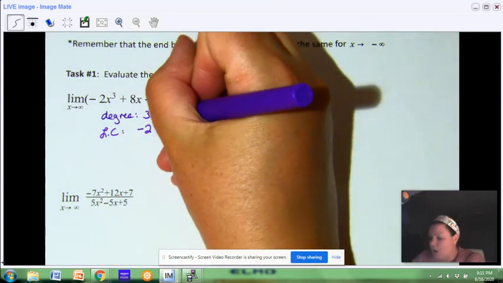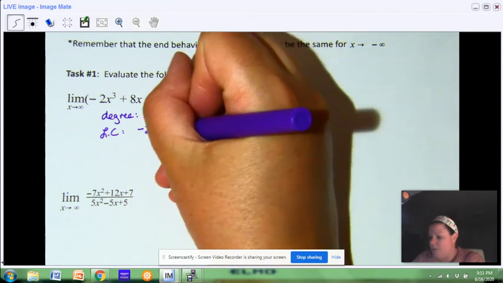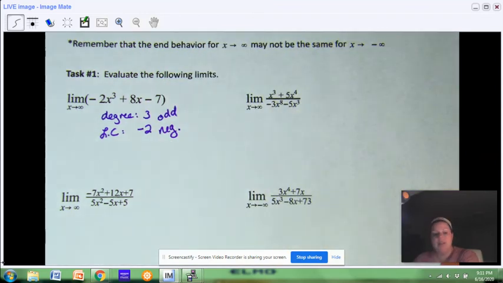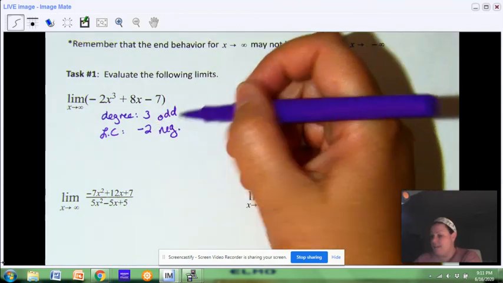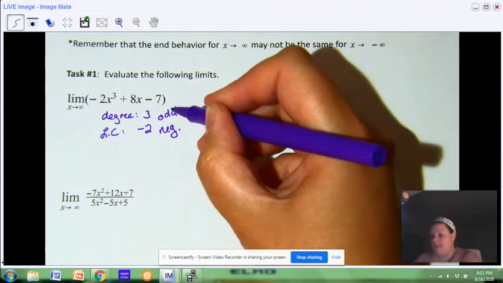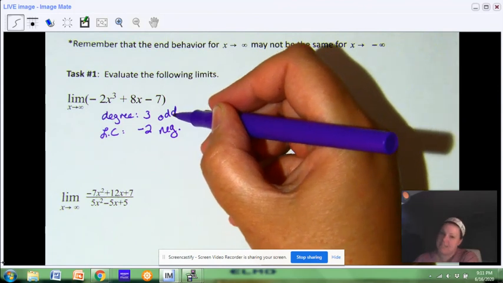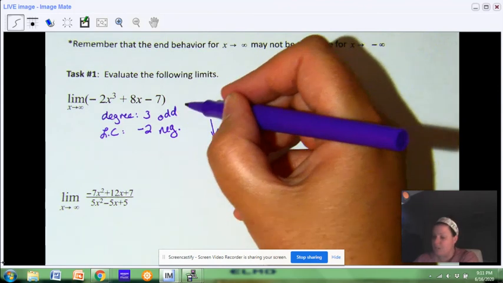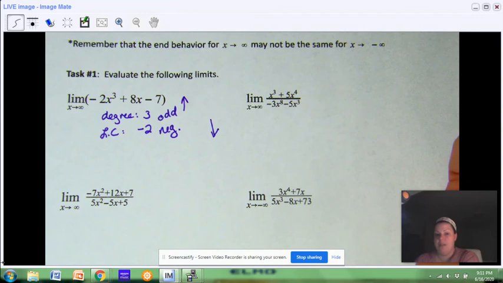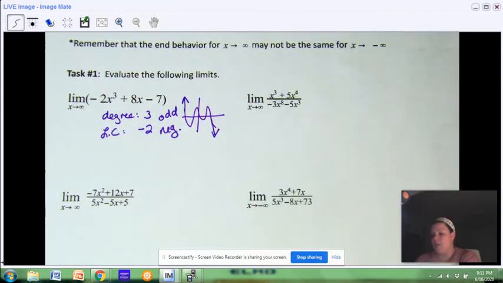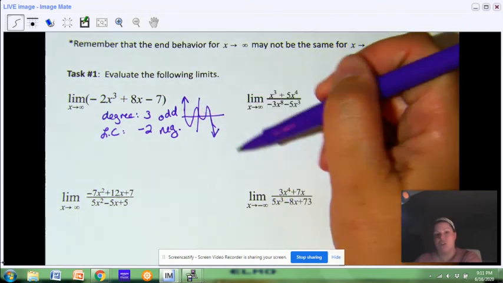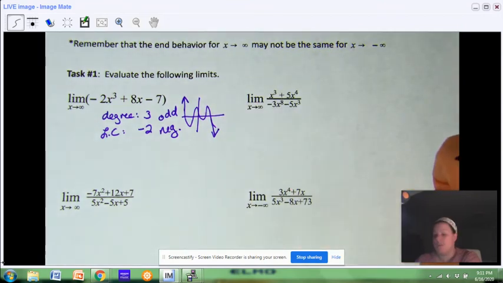Since your degree is odd and your leading coefficient is negative, that means the leading coefficient being negative makes the right-hand side point down. The odd degree means that the left-hand side will point in the opposite direction, or up. So for this function, it's not quite as detailed as that because it's only cubic, but this is the general shape of what's going on with this polynomial function.